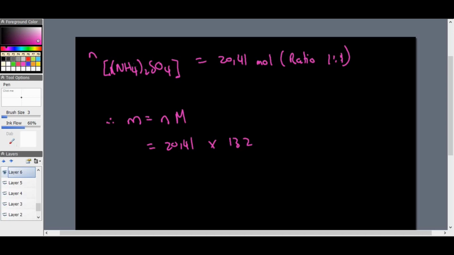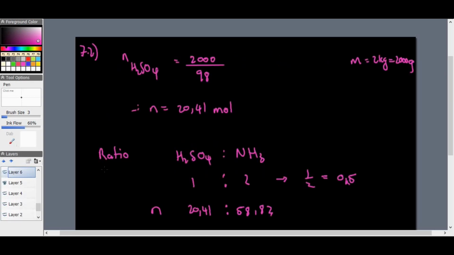That's 132. And we do 20,41 multiplied by 132. Oh sorry, I typed in 135 times 132. We get an answer for the maximum mass to be 2,694,12 grams. And that's our final answer.